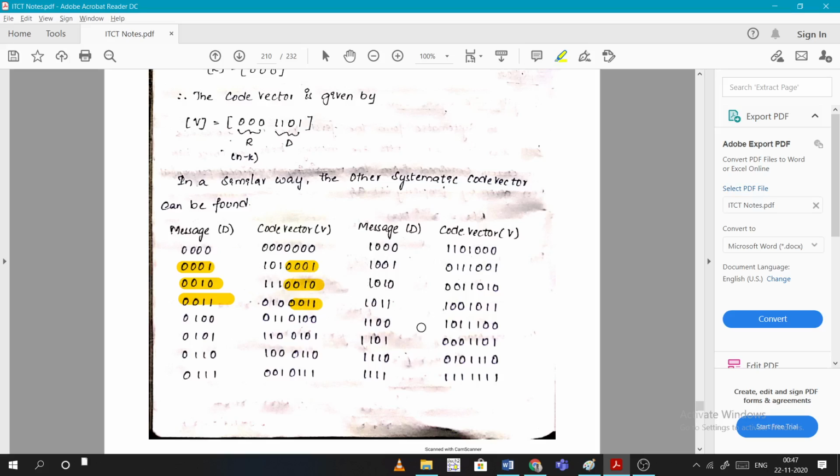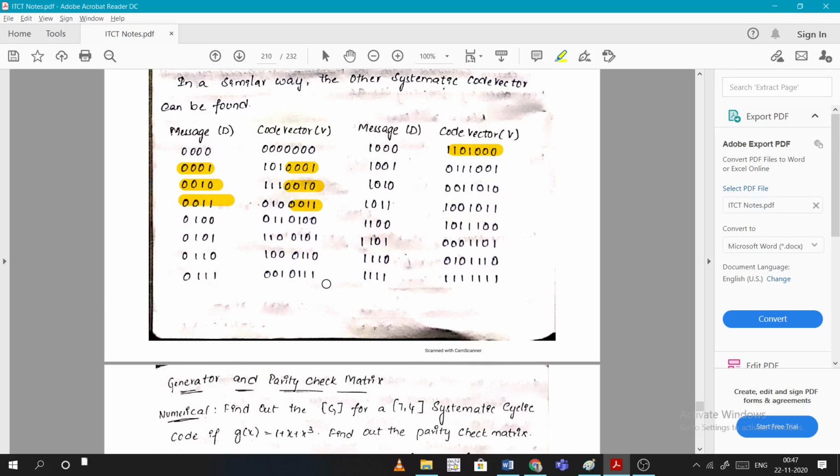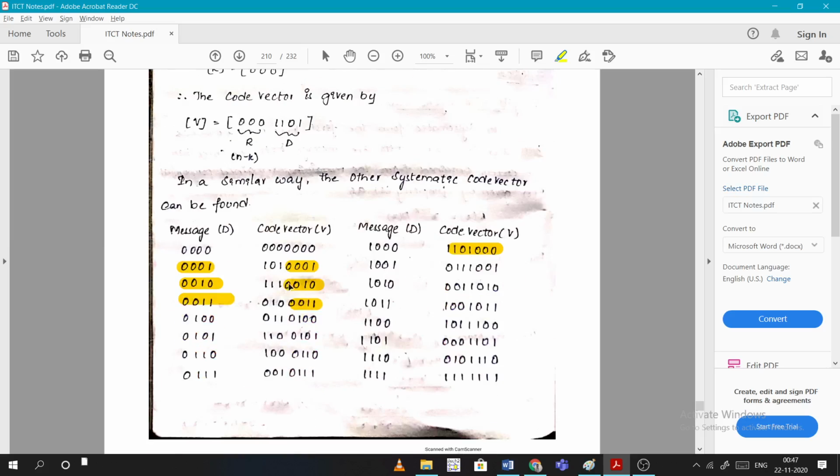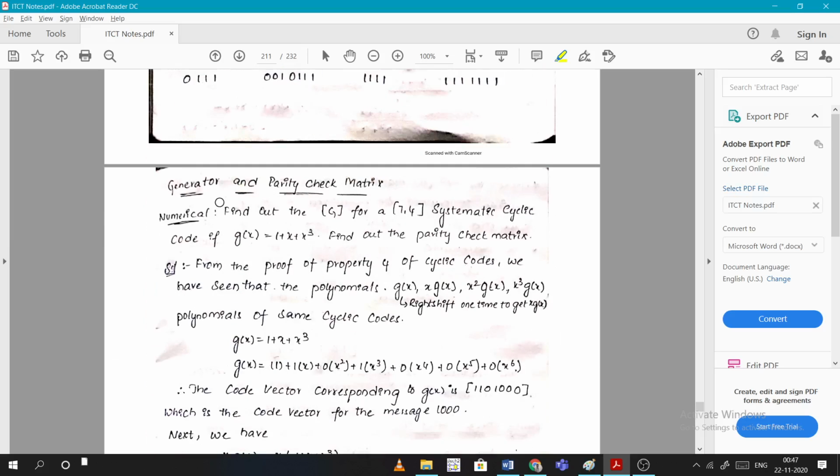So 1101110, see here it is there. It will be present somewhere in the table, but not in an order like that. So this is how we need to find code vectors using cyclic codes.